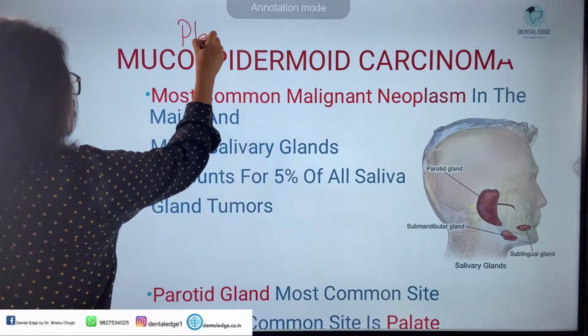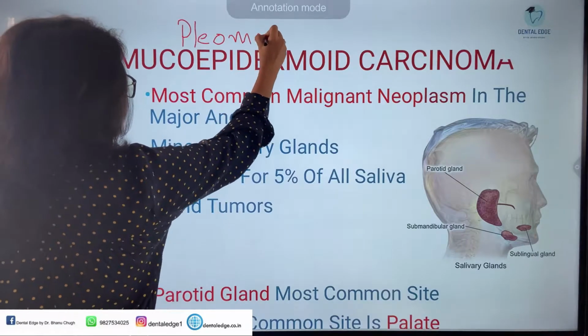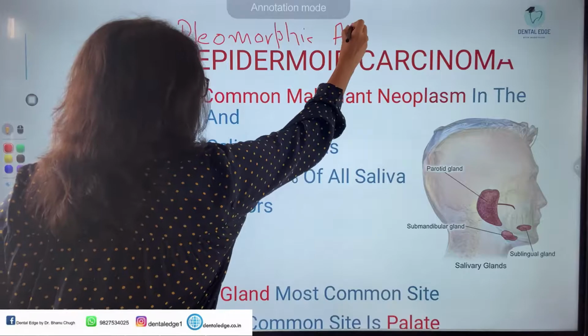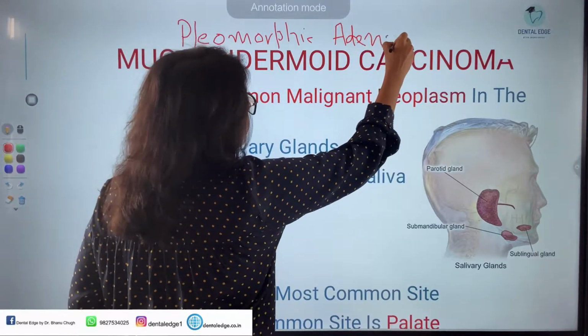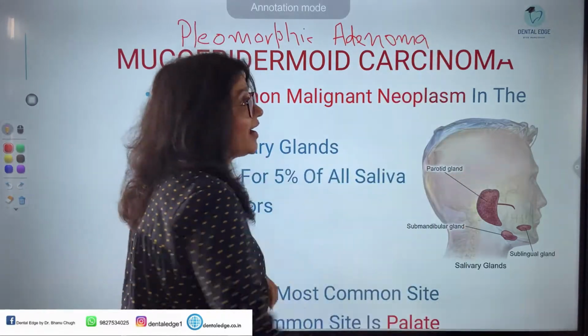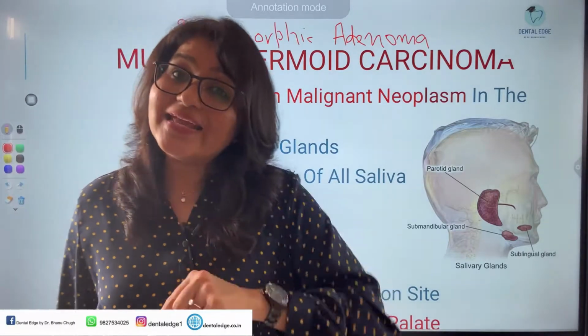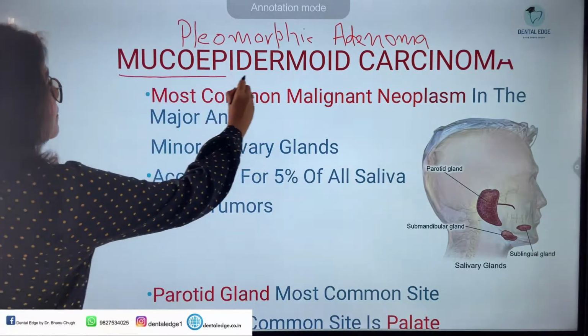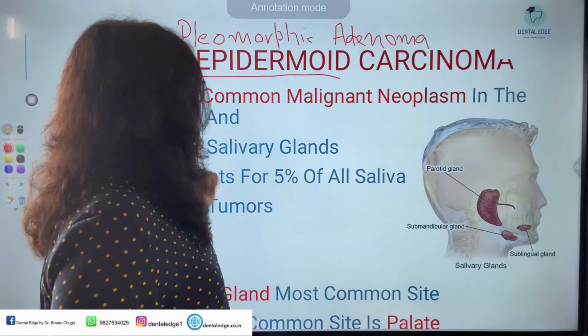So the most common tumor is pleomorphic adenoma, and the most common malignant salivary gland tumor is mucoepidermoid carcinoma, right?